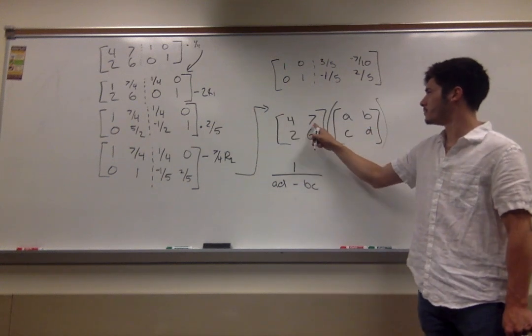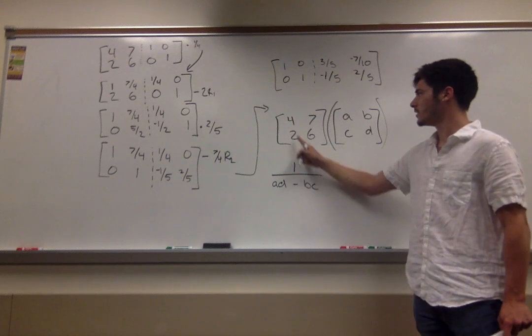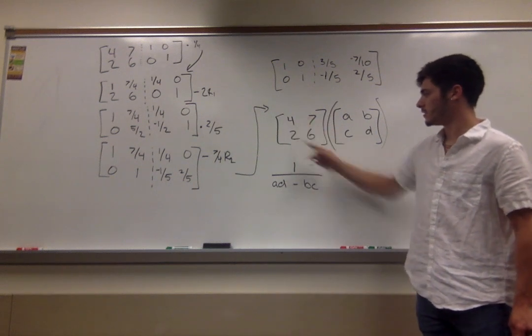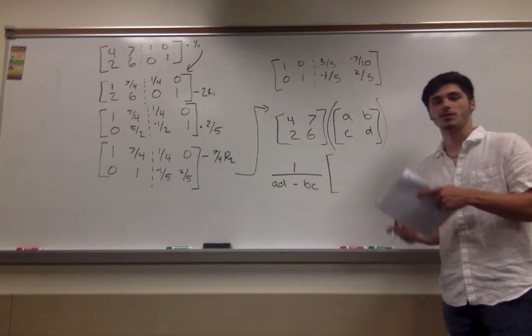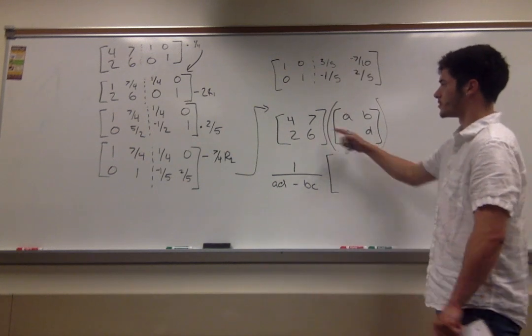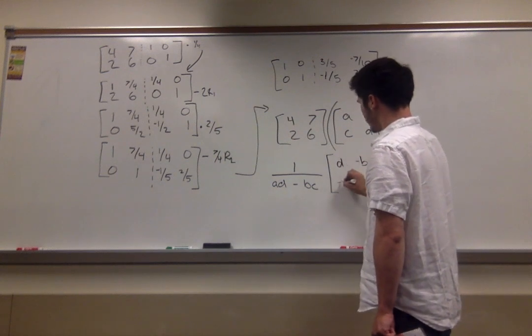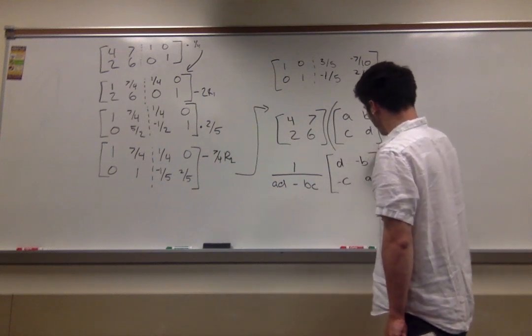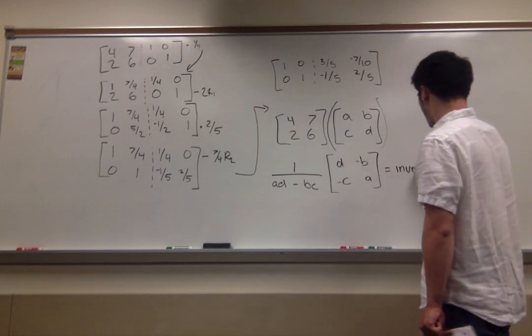So this is A, B, C, D. 1 over AD minus BC, that number, times this new matrix, so from the original, D, negative B, negative C, A, equals your inverse.